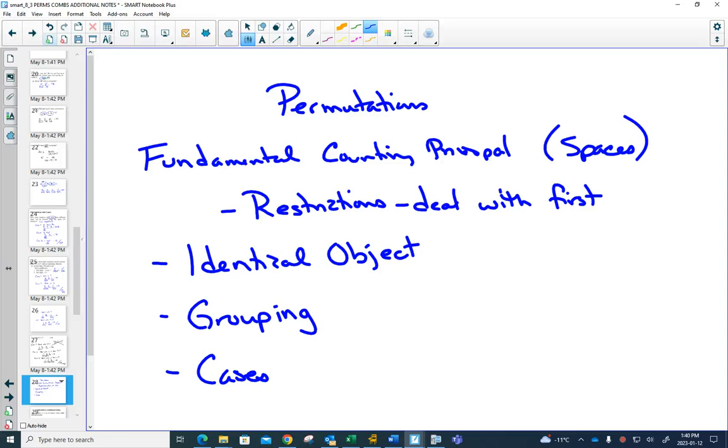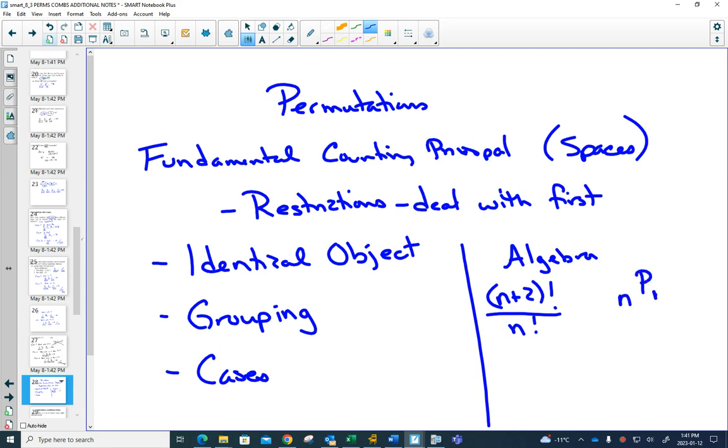I guess we did do a little bit of algebra stuff, right? We learned how factorials worked, and you always simplify the bigger ones. We had equations that use the NPR formula, so those will come up as well.